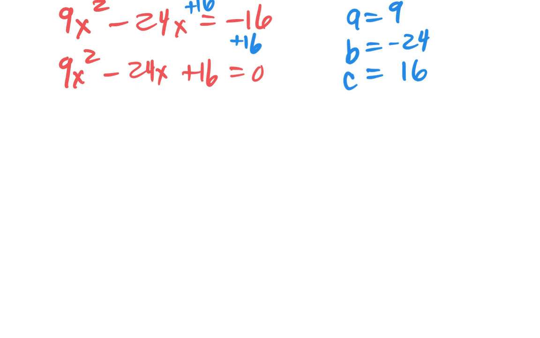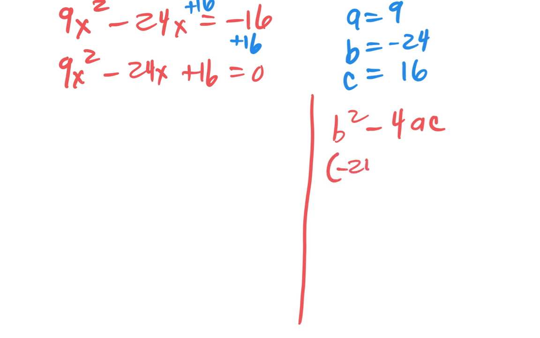Okay, so let's find our discriminant. B squared minus 4ac. So b is a -24. So -24 squared minus 4 times 9 times 16. So now b squared minus 4ac, -24 squared is 576.